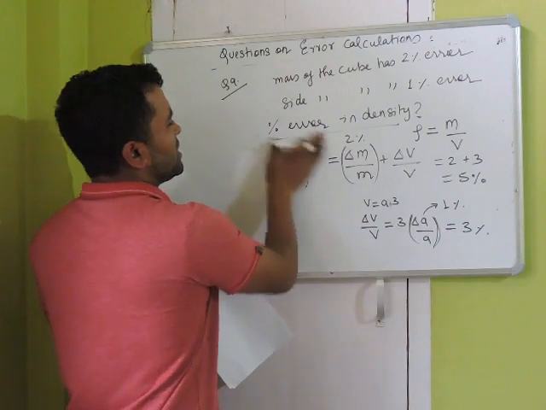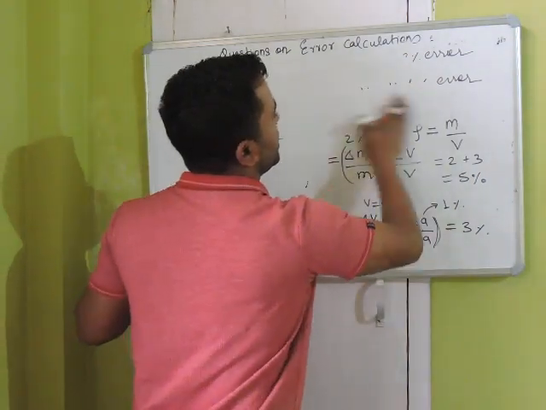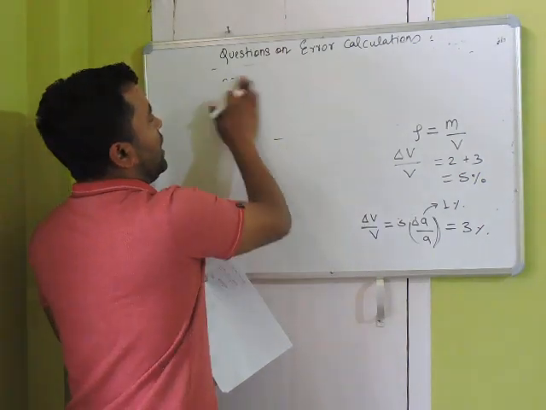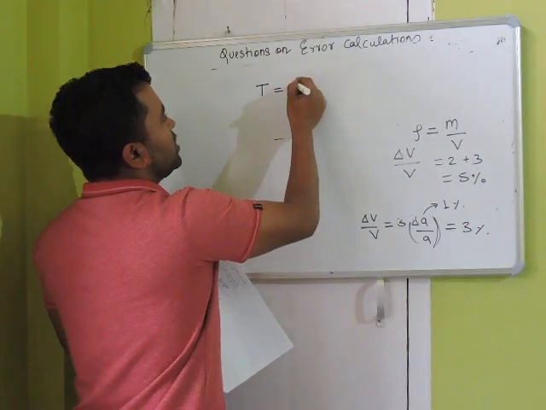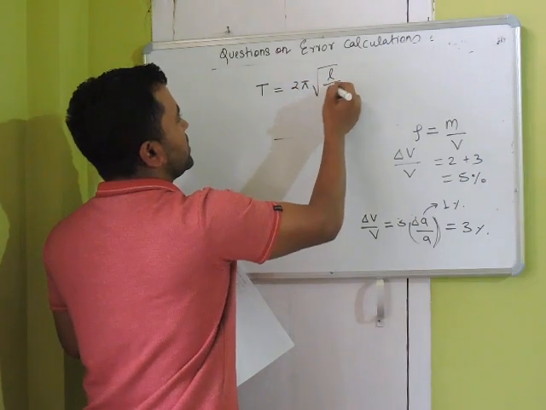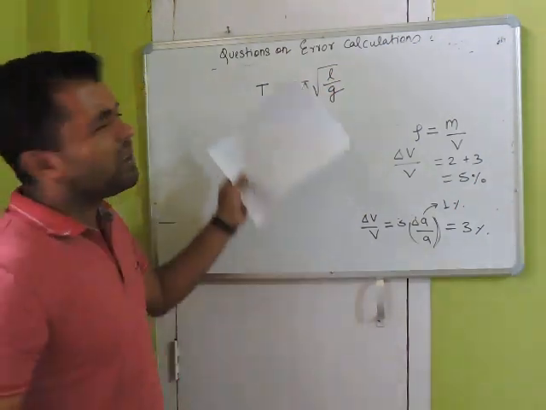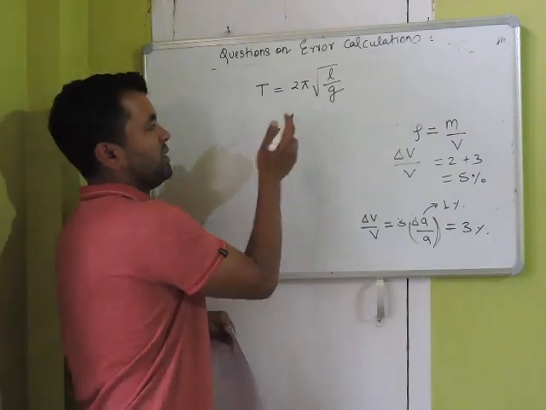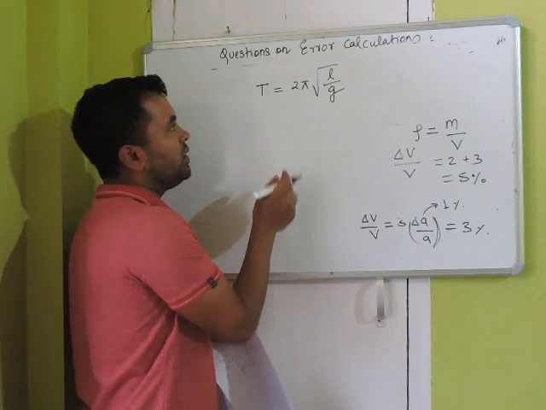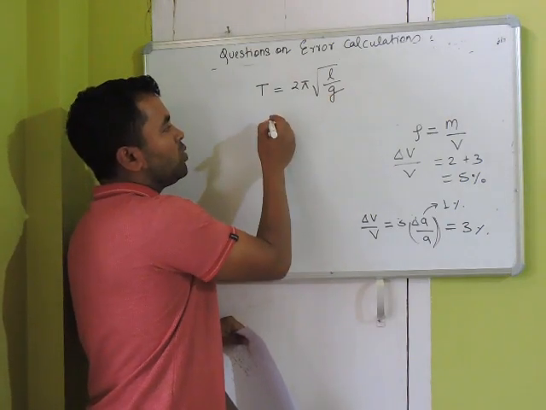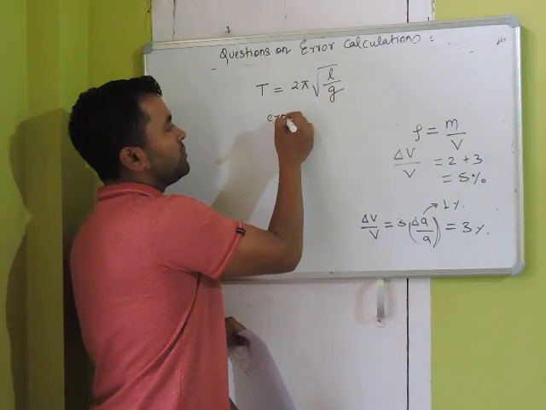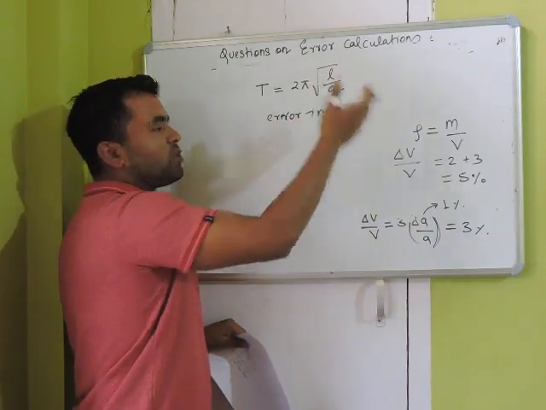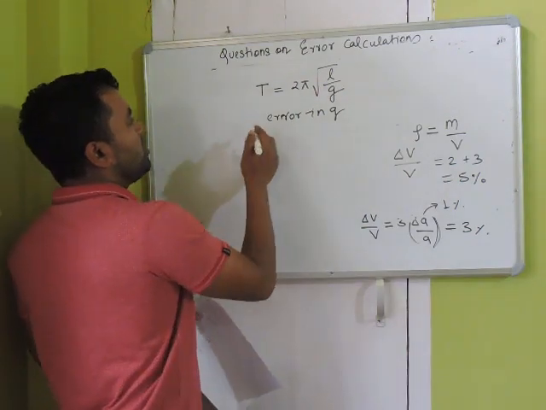Sometimes they ask you, suppose time period is given to be 2 pi root of L by G, and they tell you to calculate error in G. So if this expression is given, what you do is square it.